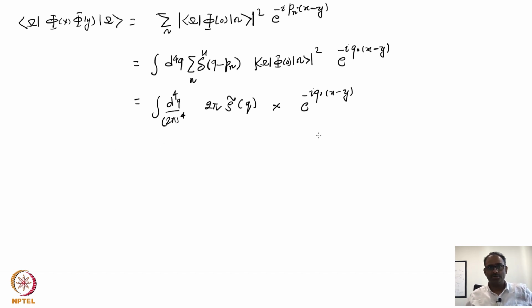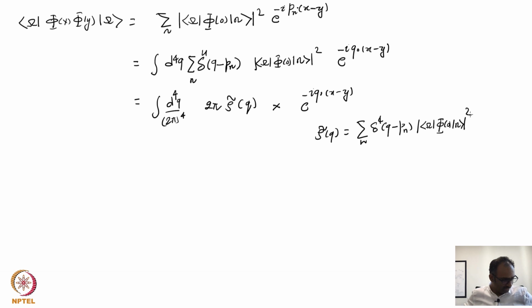So, what is rho tilde of q? Let me record it here. Rho tilde of q is the summation over n of delta^4(q minus p_n) times |<Omega|phi(0)|n>|^2. Is that correct? Or not really.